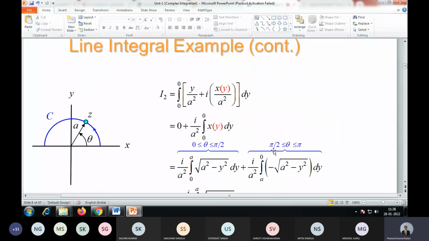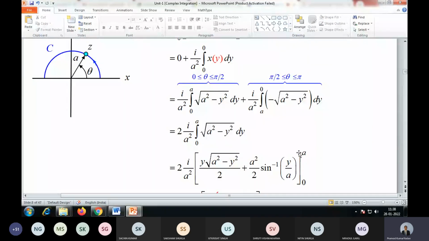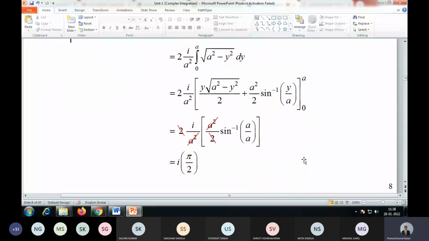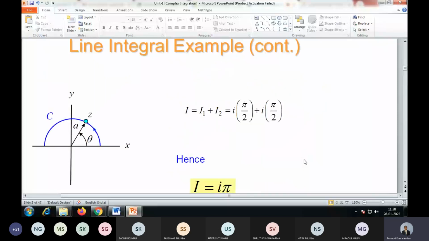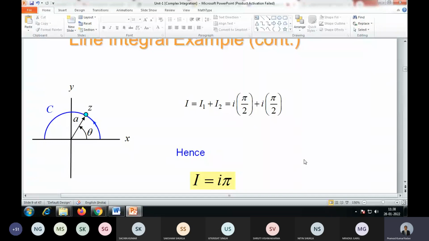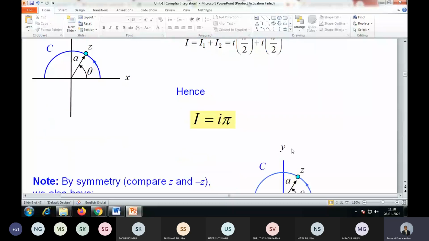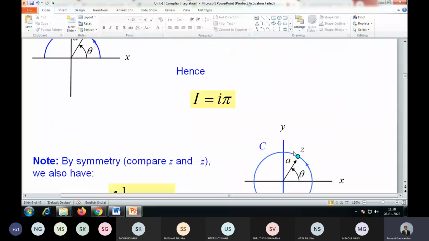You may take whichever one is easy, but the procedure, ultimately my purpose, was to clear the concept of parametric equations. We can take the parametric equation of the curve and reduce the sum from several variables into a single variable, and then you can go with your transformation knowledge and find the value of the integration. So that is the whole concept of the line integral in the complex plane.